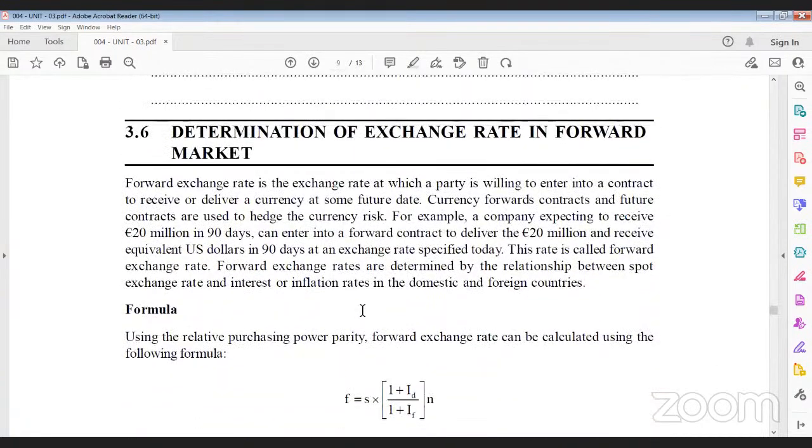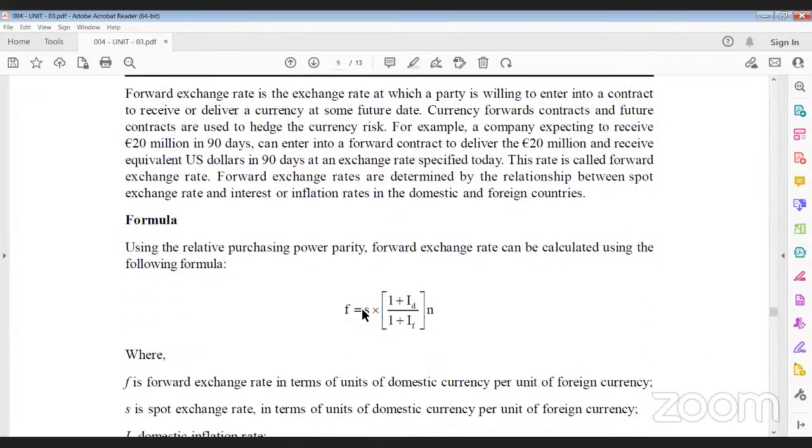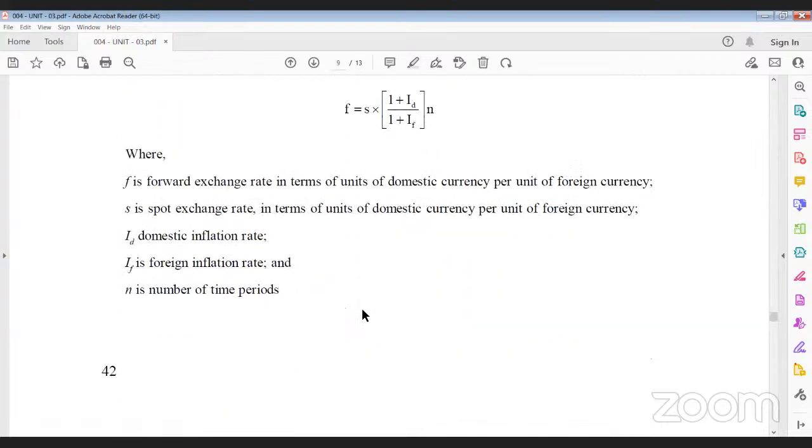Next topic we have determination of exchange rate in forward market. Now, how do you determine the exchange rate in forward market? The formula for this is given, that is F equals S into and so on. Here F is the forward exchange rate, in terms of domestic currency per unit of foreign currency.